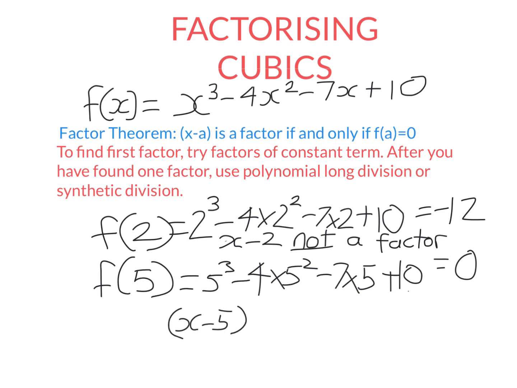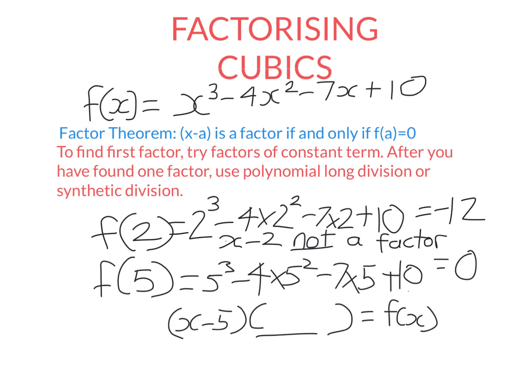It means that I will be able to multiply x minus 5 by some polynomial to get my original cubic f(x). So how do I find this polynomial? How do I find what I need to multiply x minus 5 by to get f(x)? Well, after you've got this factor, to find this polynomial, you use polynomial long division or synthetic division.